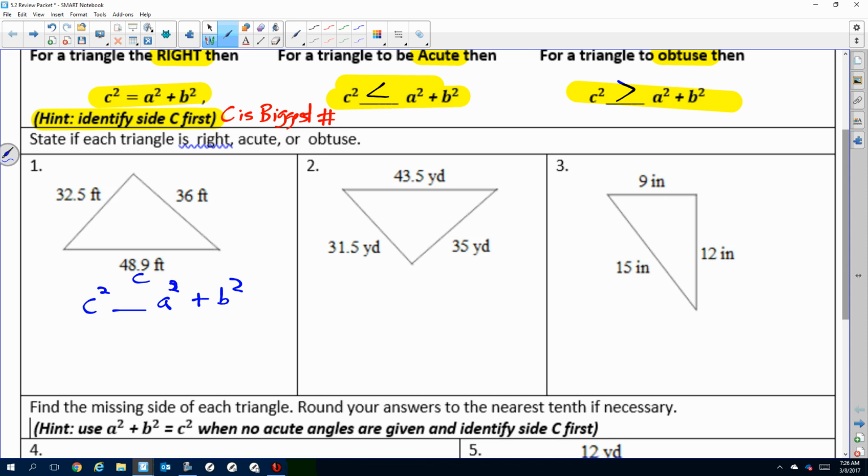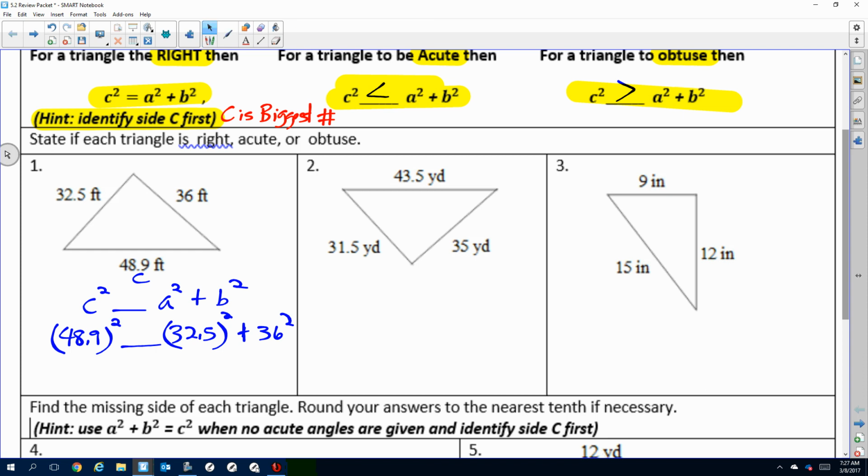The other two that remain are your a and b. Let me make that a little nicer. Apologize. A squared plus b squared. We already know that c is 48.9, and we're going to square that and compare it to our 32.5 squared plus our 36 squared.